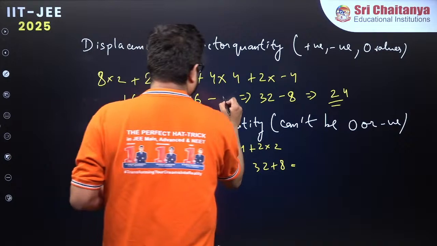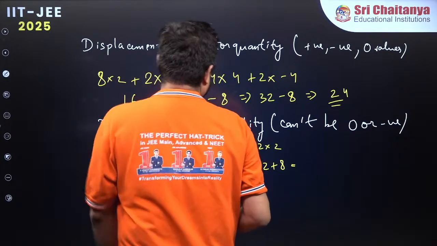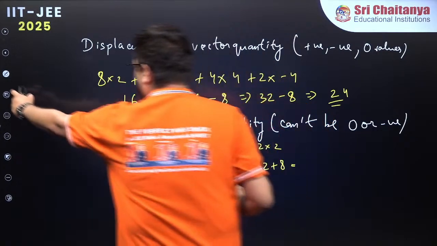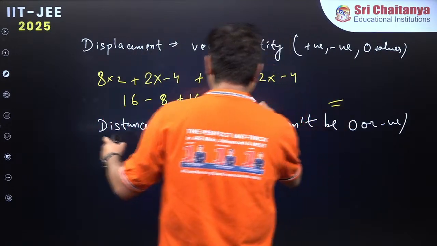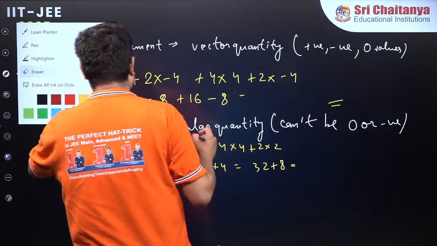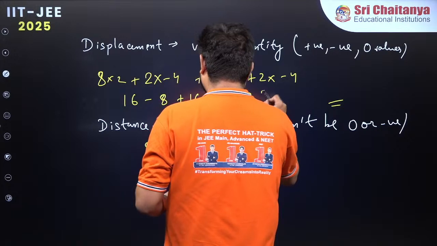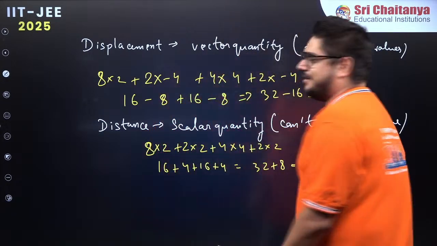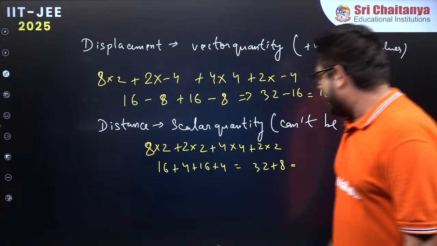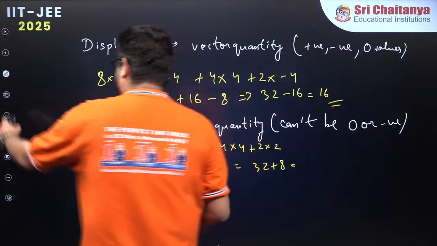Minus 8, this is minus 8. So 32 minus of 16, what will I be getting? Now you can do it, everyone. How much is it? Do the calculation. That is 32 minus of 16. What will I be getting? 16.